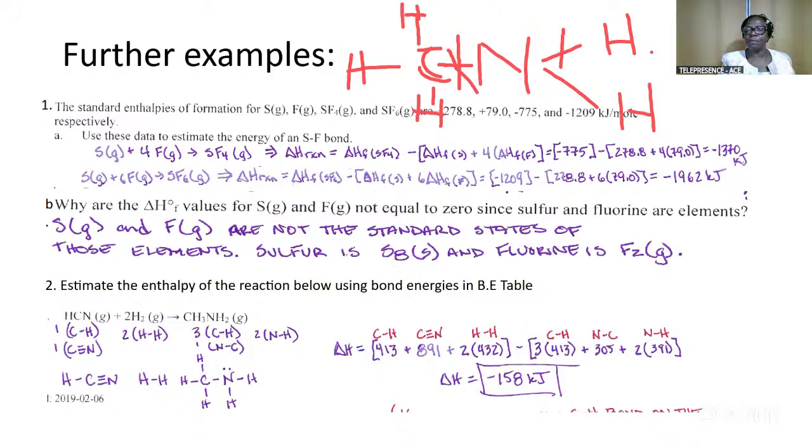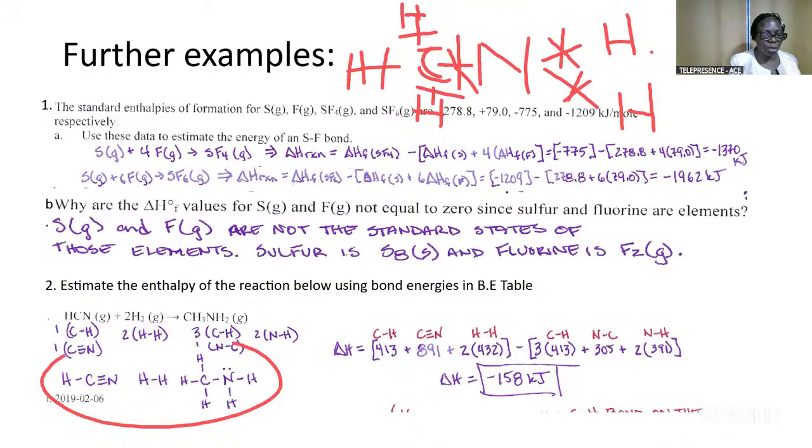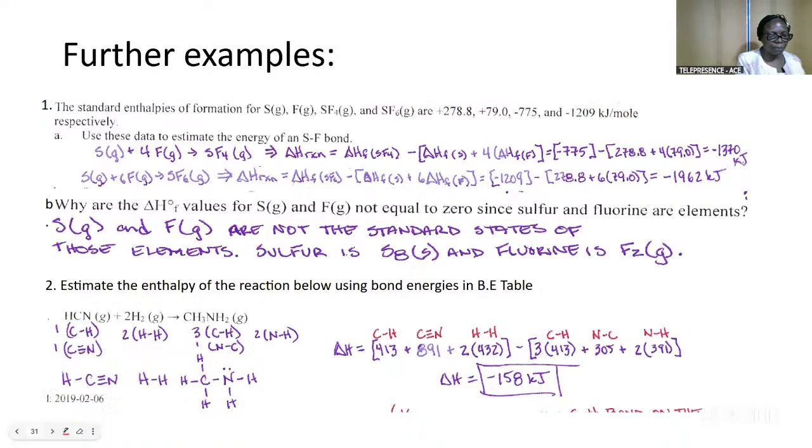We have N-H bond. How many N-H bonds are there? There are two. How many C-N bonds? We have one. Then we have C-H bonds, these ones, and we have three. So once you identify the types of bond, you can readily solve the problem. Even the structures are here. So if I have to delete my notes, you don't have any problem.